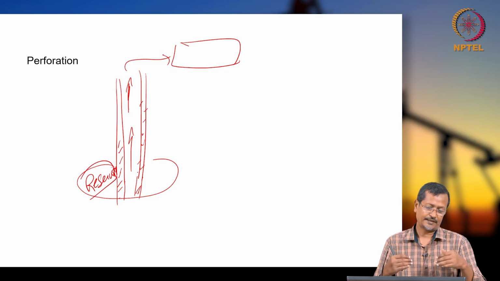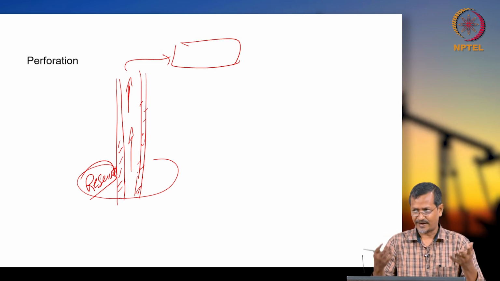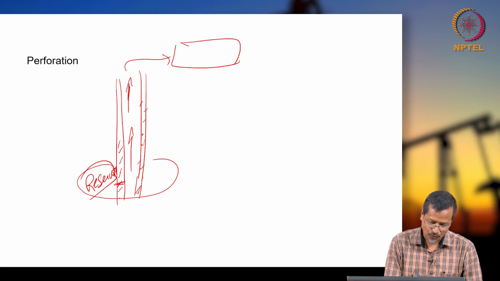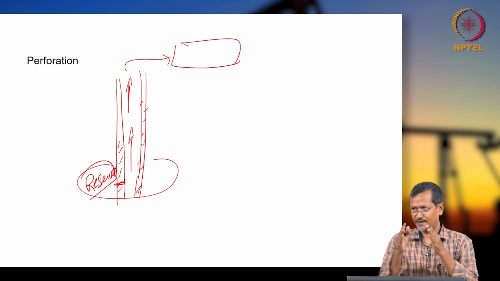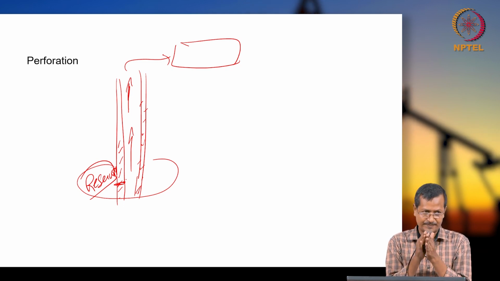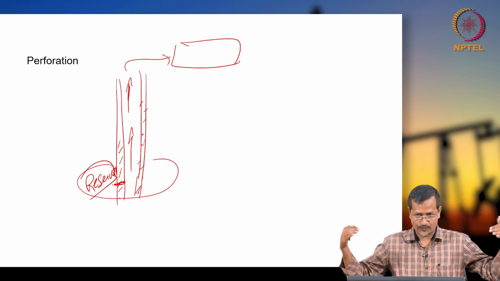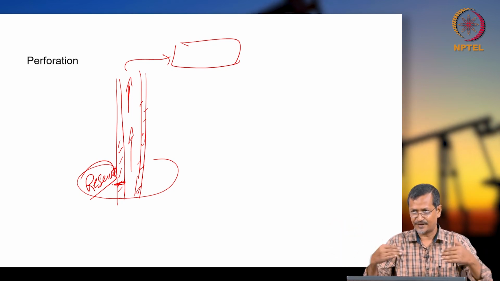One way is you create cracking or hydrofracking. Then another is that you have to create a hole here, because this is cemented, and cement and metal pipe are there. If there is no hole or no pores in the cement and metal pipe, then whatever cracking, whatever fracking you do, fluid will not enter the wellbore.